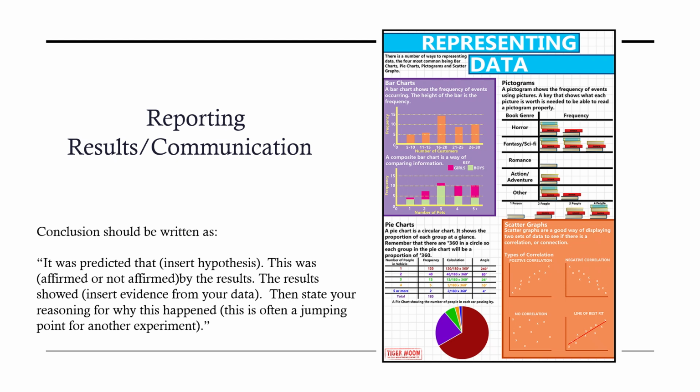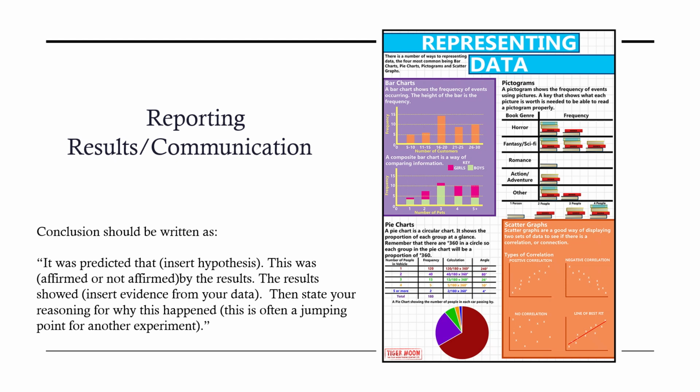Just coming up with that off the top of my head. And then you would say, this was affirmed by our results. The results showed significantly taller plants in those that were treated with biofertilizer than in those that were not.